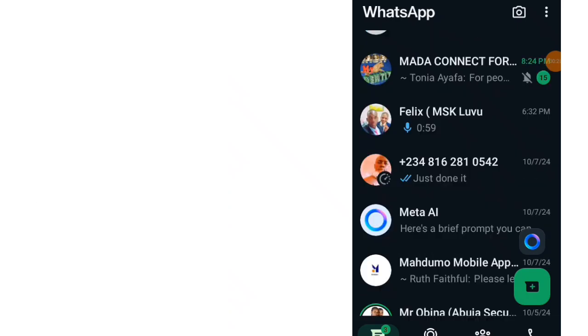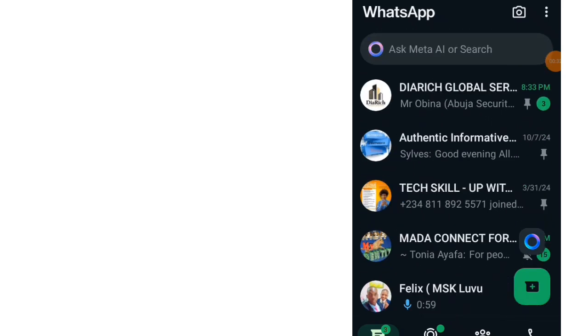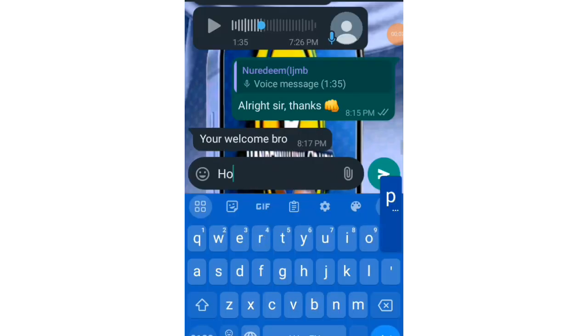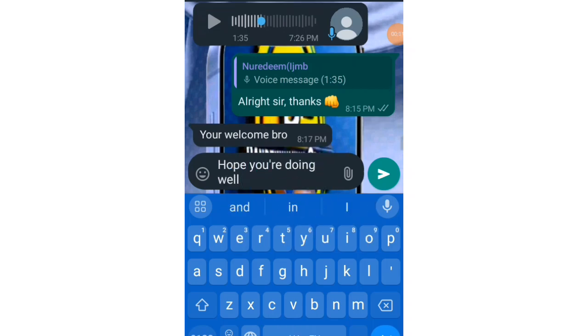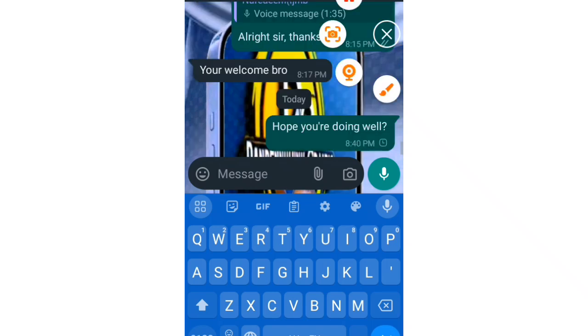But now, if the app loads slowly or makes you click through numerous screens to message someone, now you have transferred from the user interface to the user experience. Let me just stick to WhatsApp.